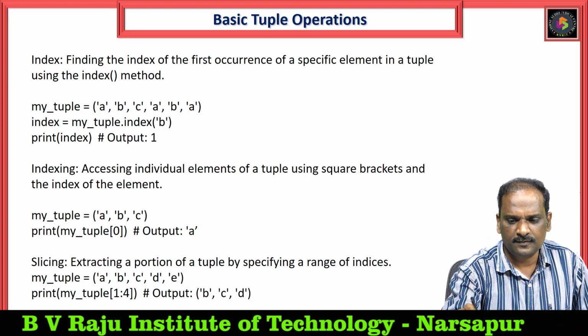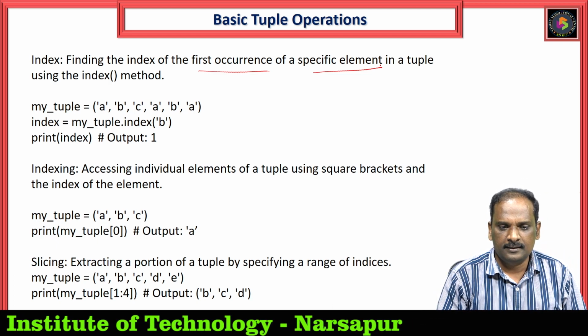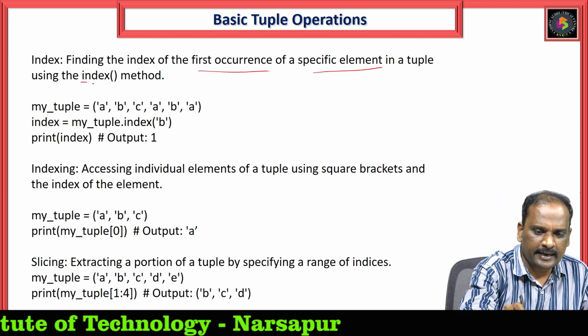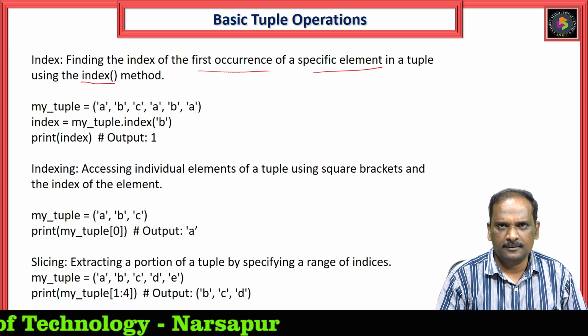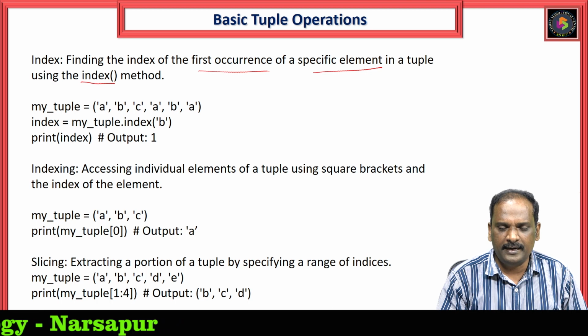So to find the index of the first occurrence of the specified element in a tuple, we use the method called the index method. The index method will return the index of the specified element.